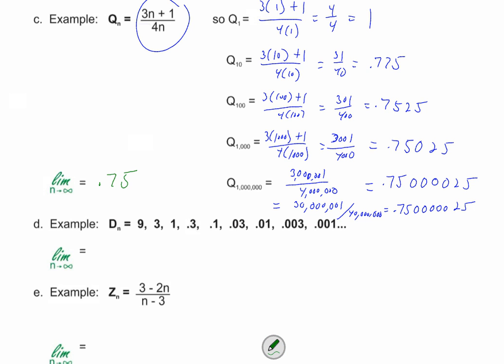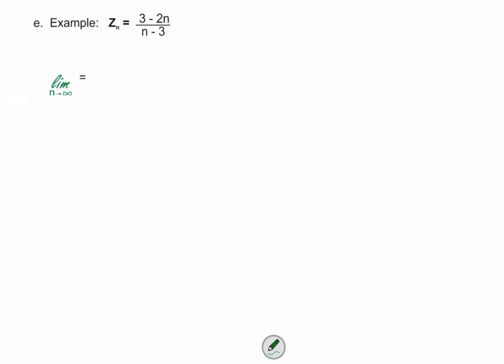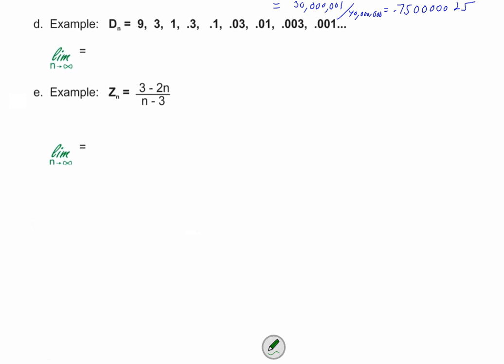Get rid of my shade so I can move up. Okay, so here's another example. This one, the series is listed out. So we started at 9, we went to 3, we went to 1, we went to 0.3, 0.1, 0.03, 0.01, 0.003, 0.001. Anybody want to raise your hand?